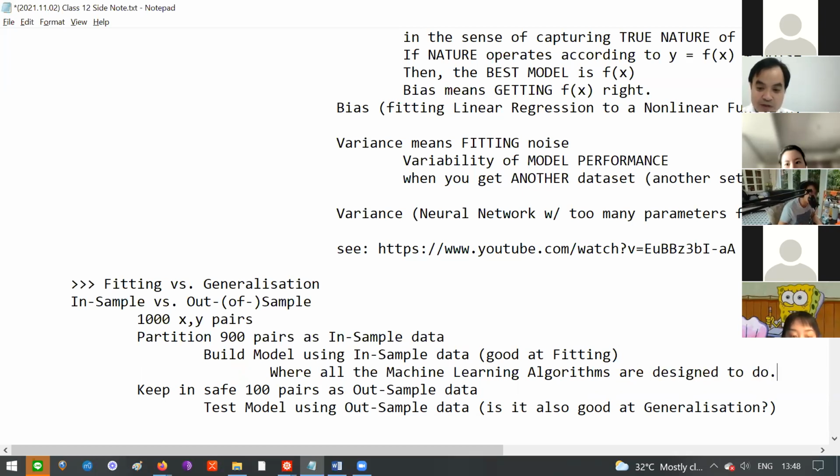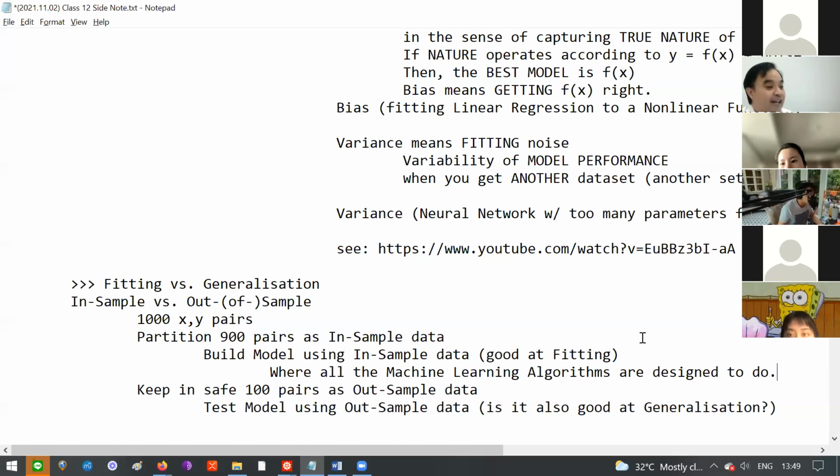When we talk about machine learning algorithms, it's about learning from the data. It's learning to fit the data. If you give the computer, you give the robot a task, it's going to do the best it can. So it's going to fit the data the best it can.